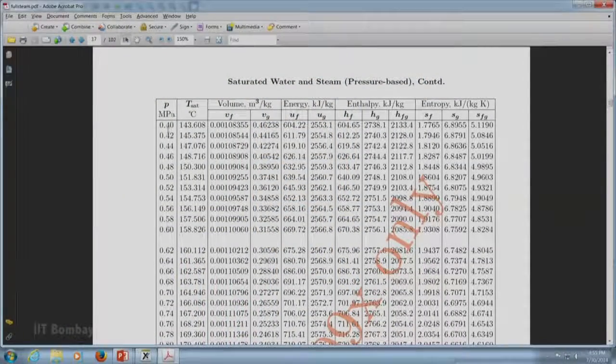So here we can see that for 0.4 MPa we can locate the values of HF and Hg. So HF is 604, you can read from here, kilojoule per kg, and Hg is 2738.1 kilojoule per kg, while our value of H2 is around 1919.39. It means that it lies between HF and Hg.